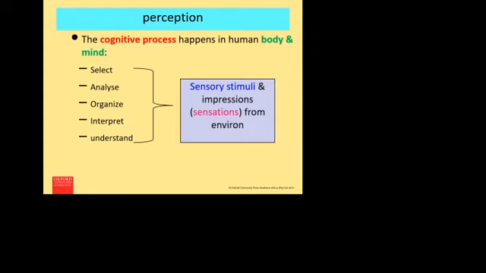So senses connect us with the external environment, and this information is interpreted by the brain through what we call perception. Perception is the cognitive process that happens in the human body and mind where we select. While we sense the information from outside, our brain selects, analyzes, organizes, interprets, and understands whatever happened outside or inside through sensory stimuli, the impressions that we receive from the environment.